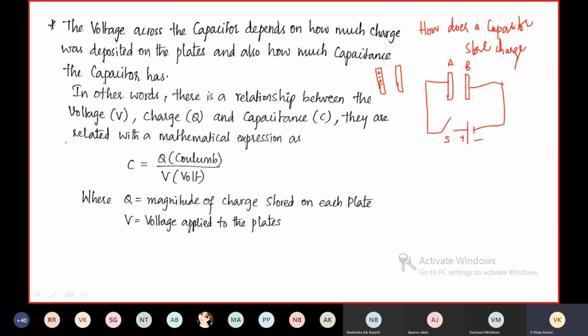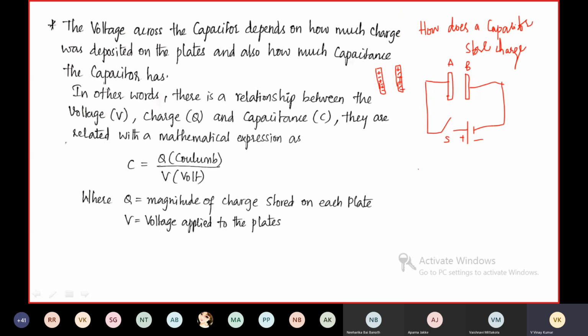Without applying any voltage, the capacitor plates are neutral. There is no net charge on the plates.